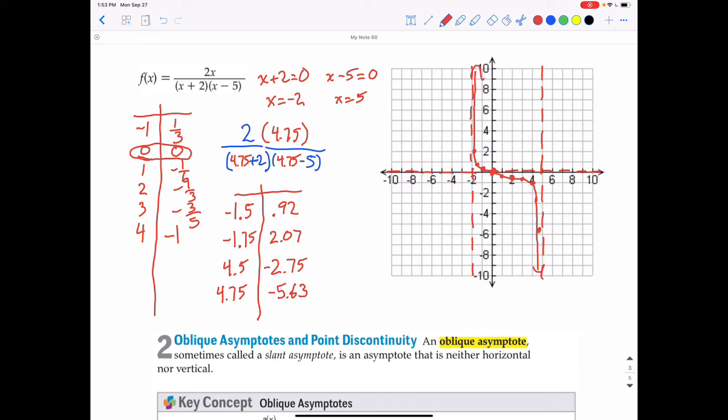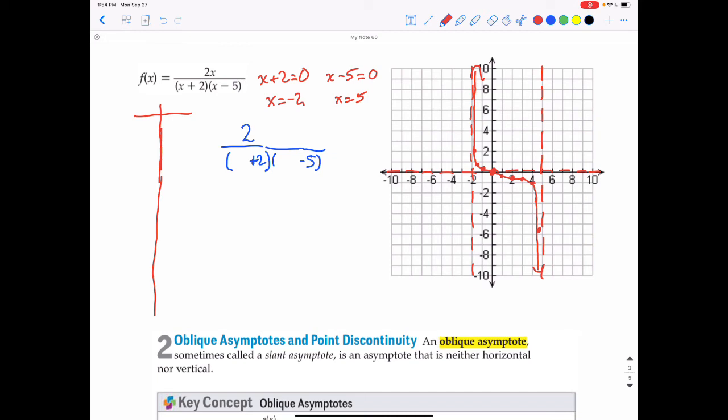But we still have outside of the asymptotes. So outside of the asymptotes, we're still going to have to pick some points on the right side and the left side. So I'm going to erase everything that we have on this T-chart. And then if we pick values to the left side of the left asymptote, let's go with negative 3, negative 4, and negative 5. And on the right side of the right asymptote, that could be 6, 7, and 8.